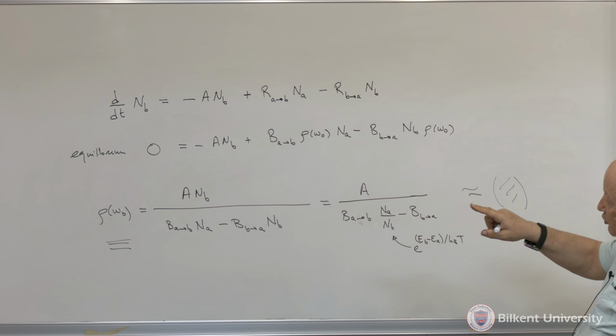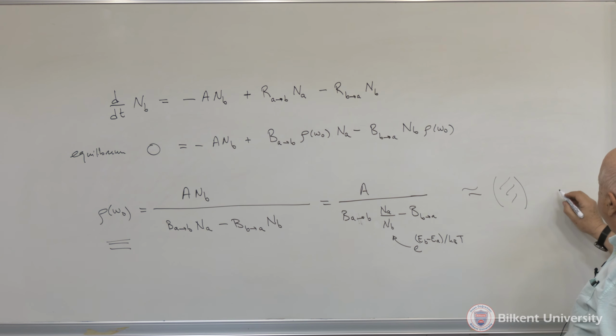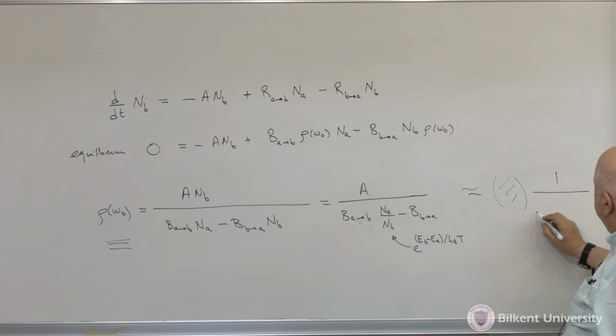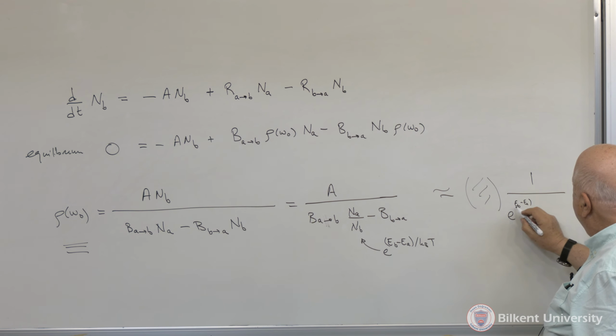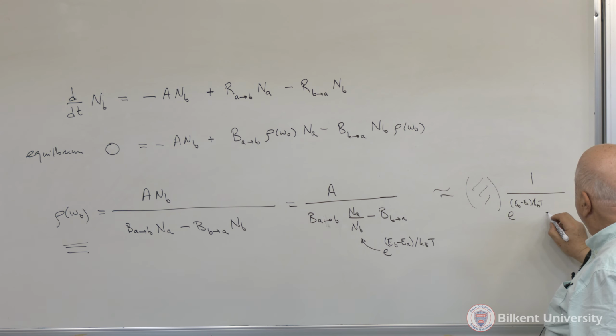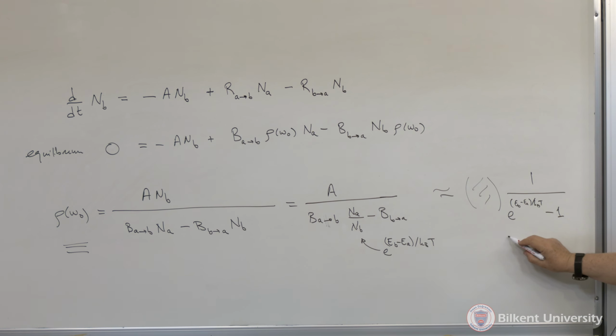The energy density rho omega 0 looks something like 1 over e to the EB minus EA over KBT minus 1. So this is the black body spectrum. There's some prefactor, but you have something like that.